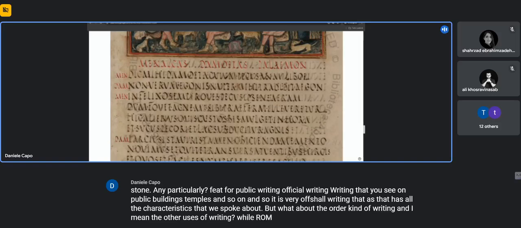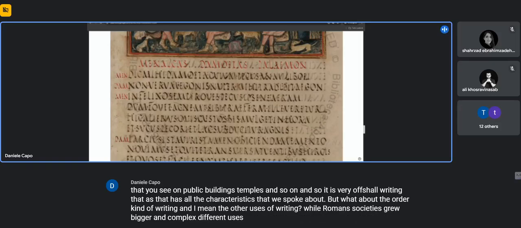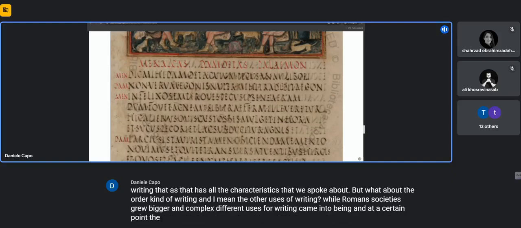While Roman societies grew bigger and more complex, different uses for writing came into being. And at a certain point, the Latin culture developed a literature of its own.